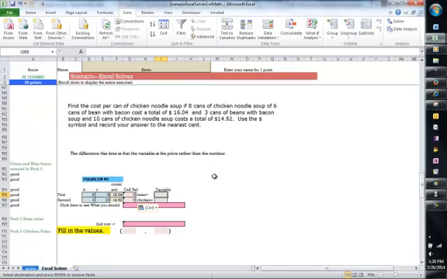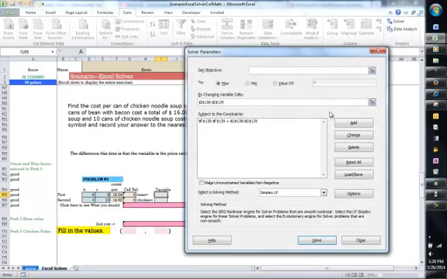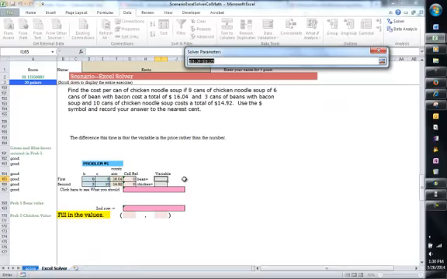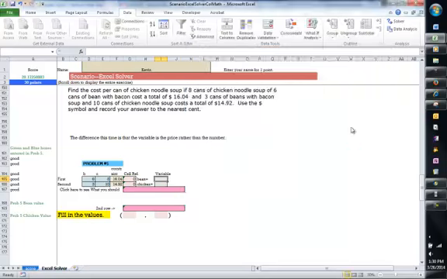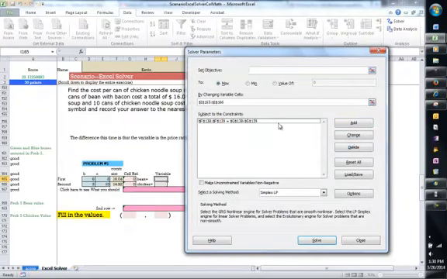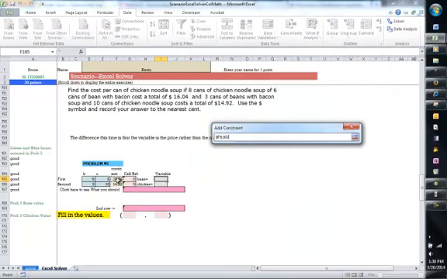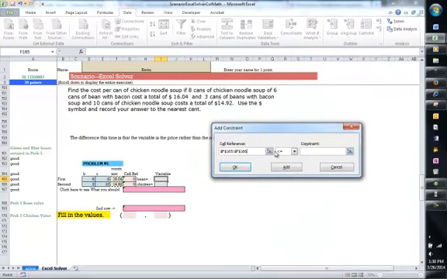And then our variables will be our solver amounts. So when we click on solver, here's our 2 variables. And our constraint, we're going to add a constraint that our constant terms equal our cell reference.